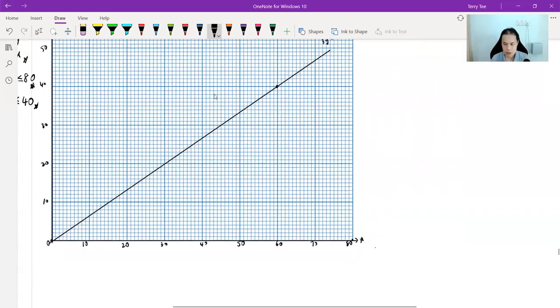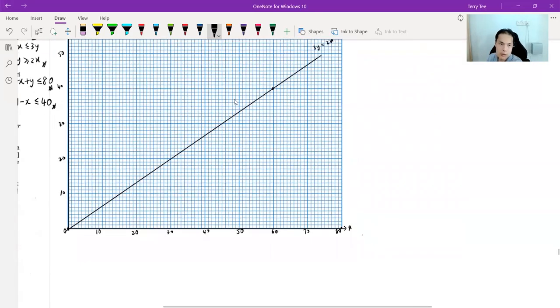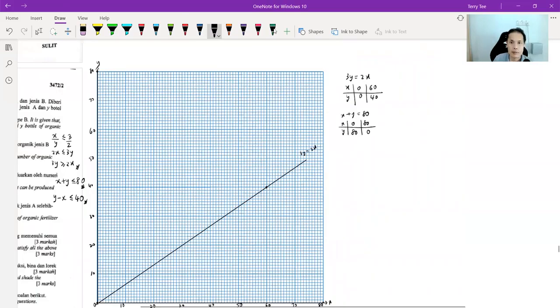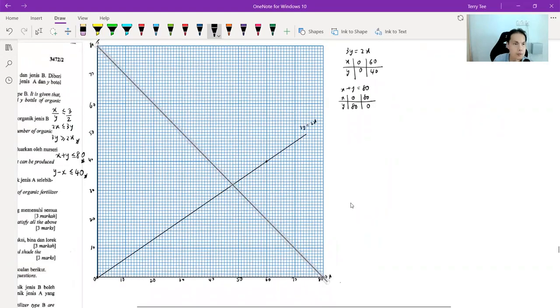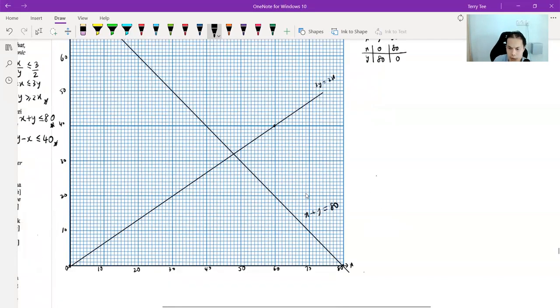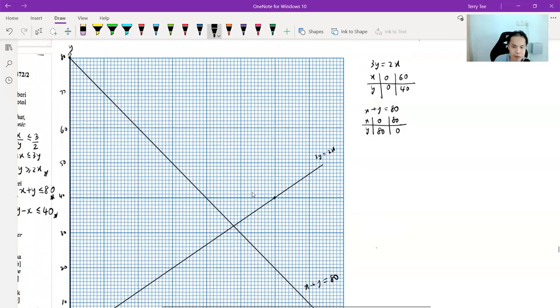Let's just draw. My straight line should start from here all the way down. There you go, x plus y equals 80. Maybe I can adjust a little bit. It's quite okay. Not too perfect, but it's all right.